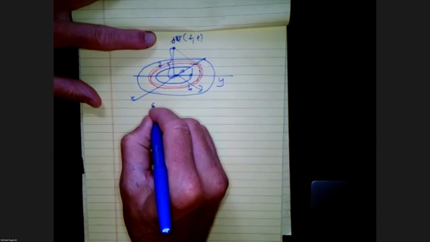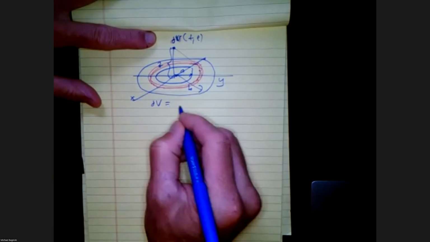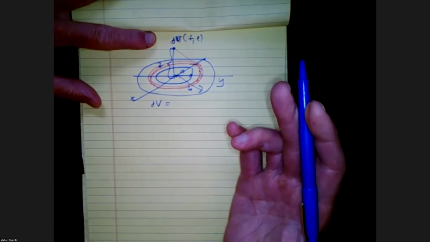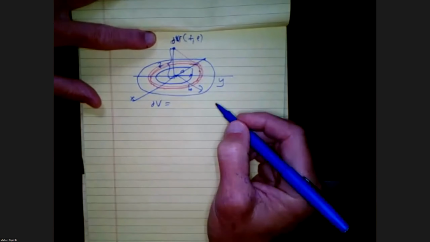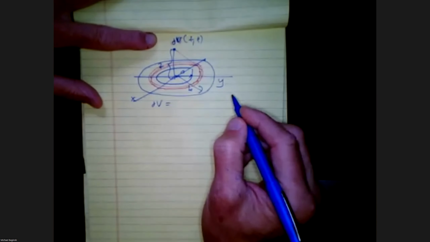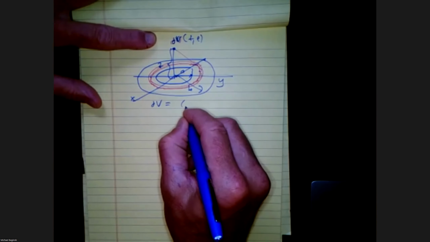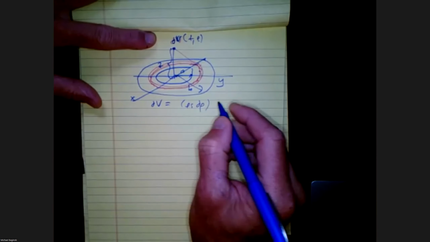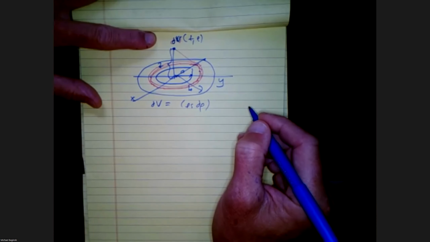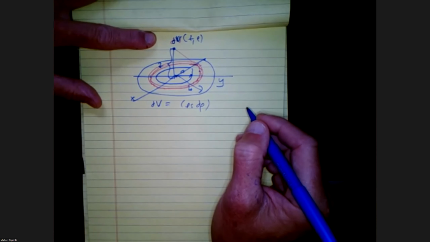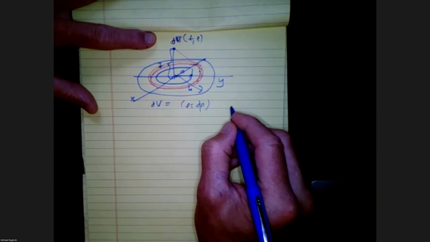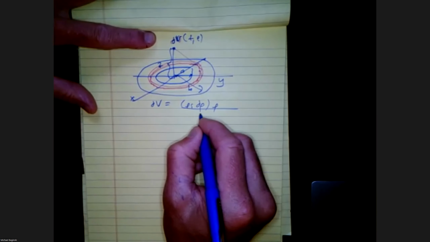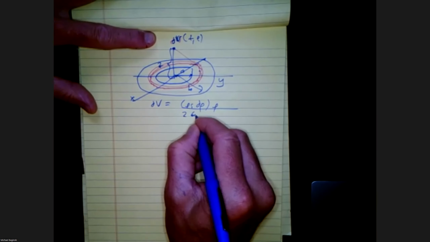That differential voltage will be equal to, just as before, the differential voltage I got before, replacing rho L with simply rho S times d rho, times rho over 2 epsilon naught.